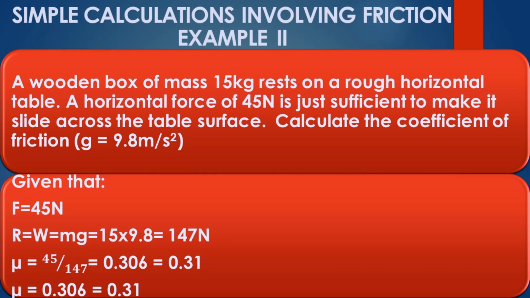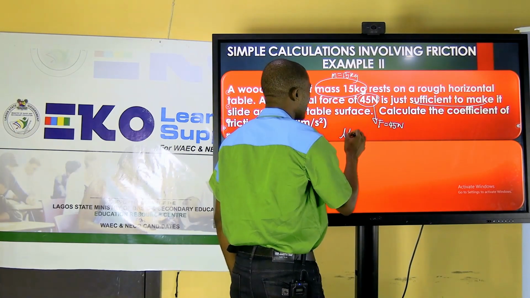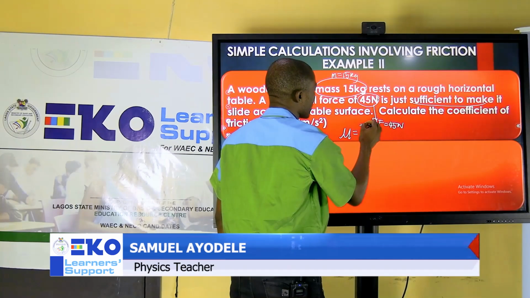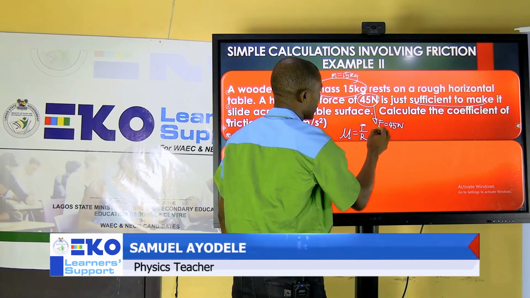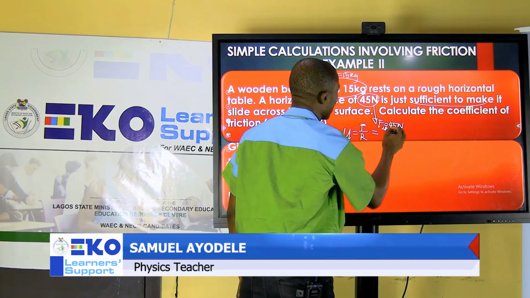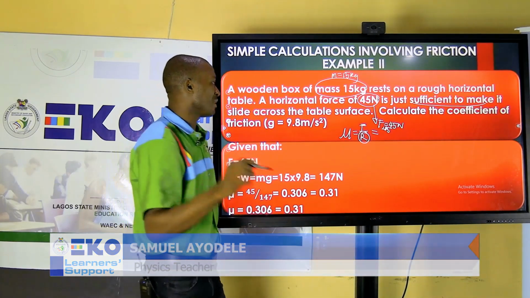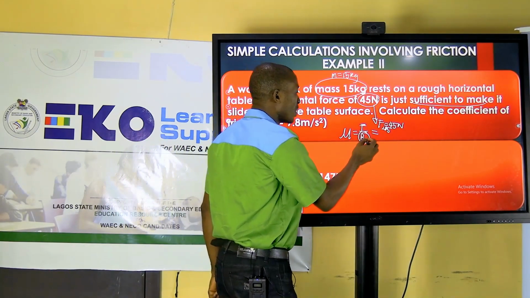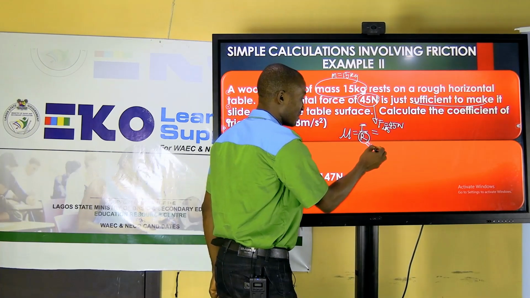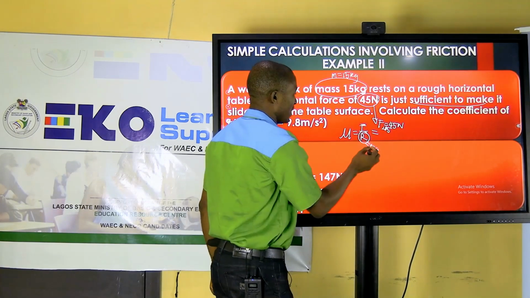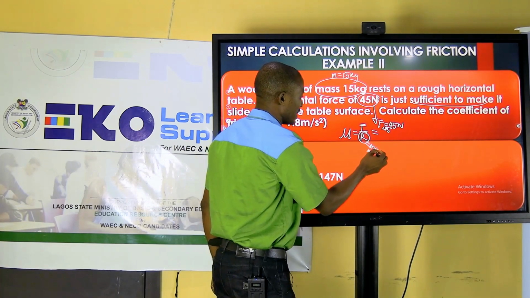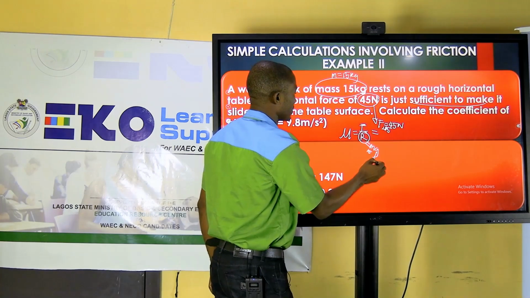So from here, the formula is that coefficient of friction is force over normal reaction. The force here is 45. The value of normal reaction is not given. So once the value of normal reaction is not given, you look at it. What's the definition of normal reaction? That is mg. So the value of m is given as 15, and the value of g is given as 9.8.